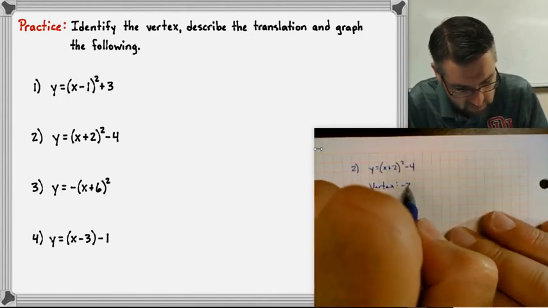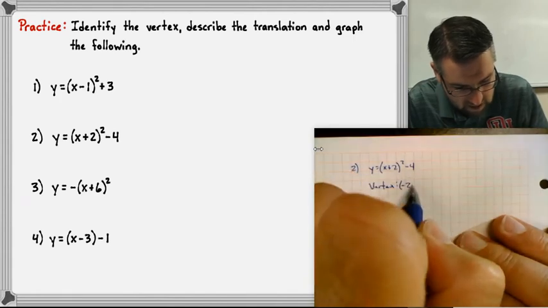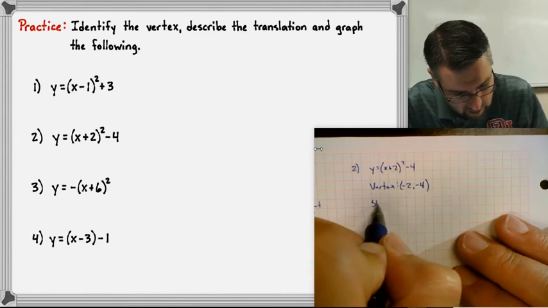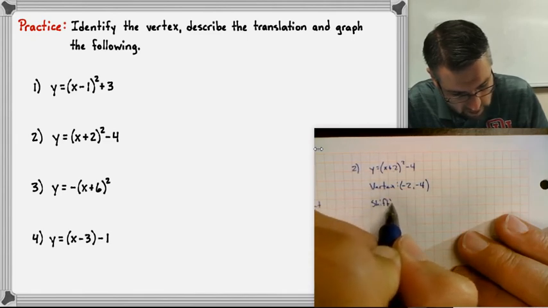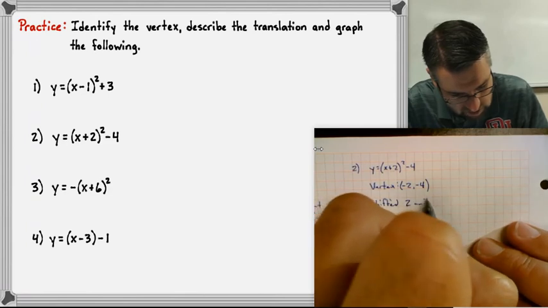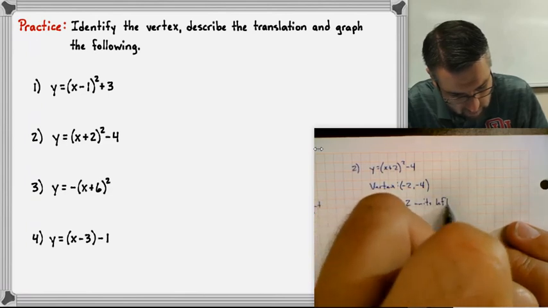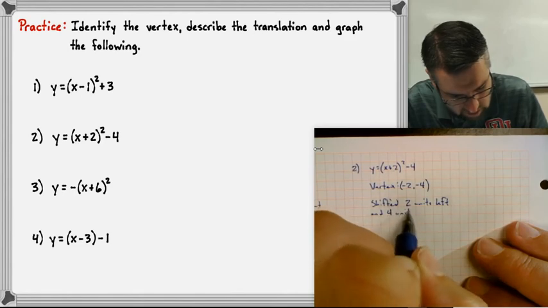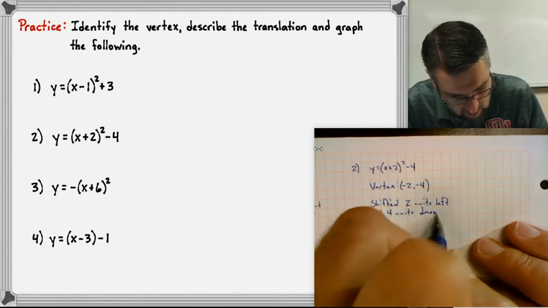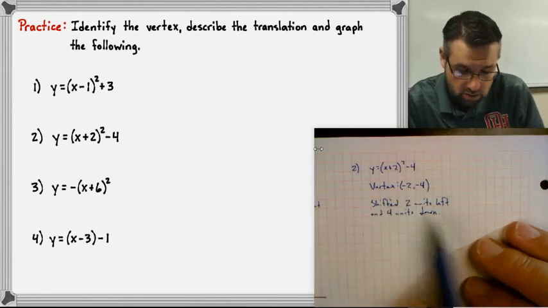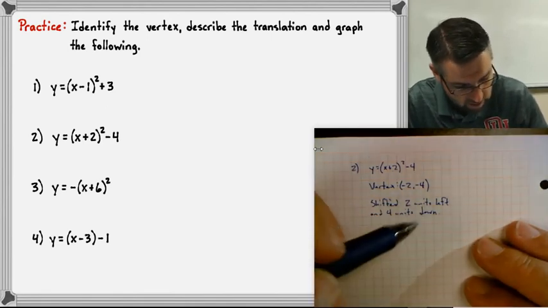So that'll say negative 2. And then keep the sign there. So that'll say negative 4. We would say the parent function, y equals x squared, is shifted 2 units left and 4 units down. To the left because that's a negative 2, so that means backwards, and then 4 units down because we're going down.